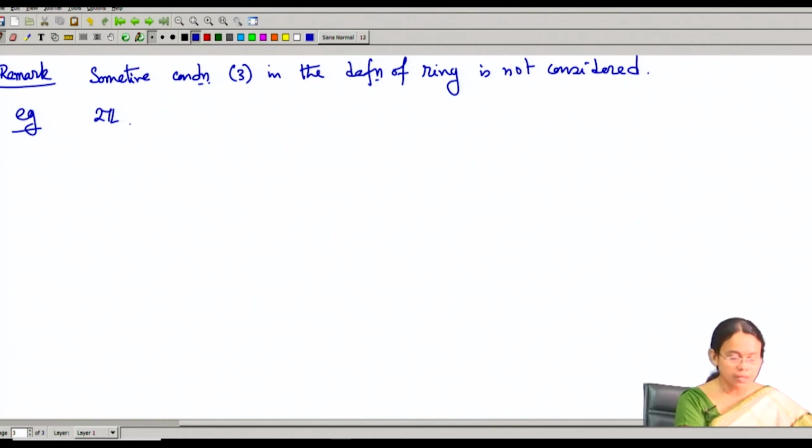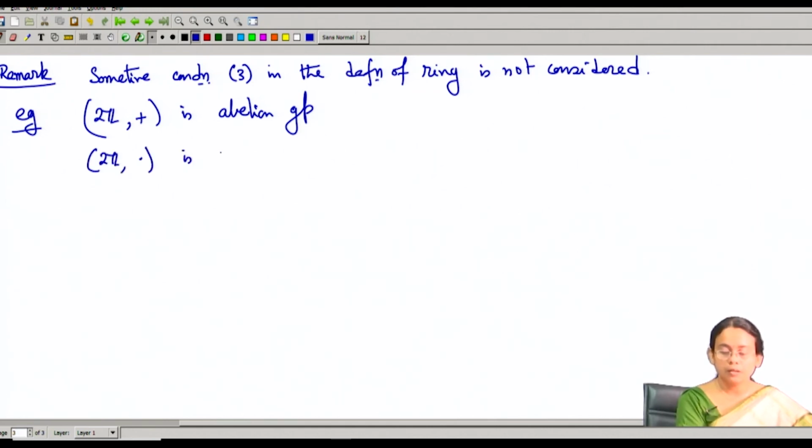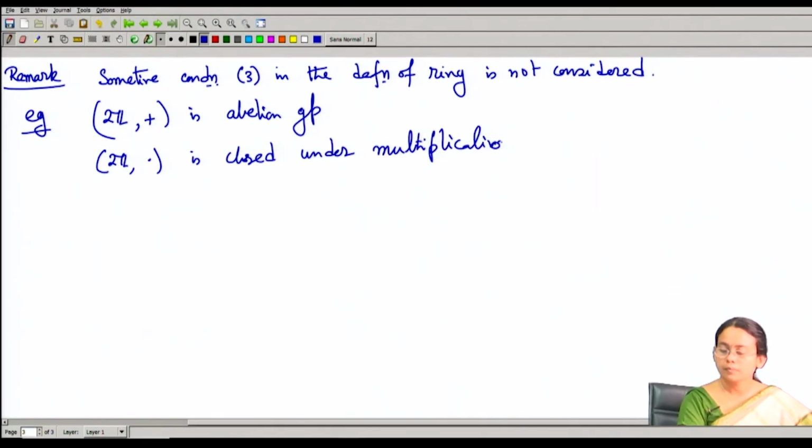It is not difficult to check that this is an abelian group with additive identity 0, and it is closed under multiplication, this multiplication is associative, it satisfies the distributive property and so on.